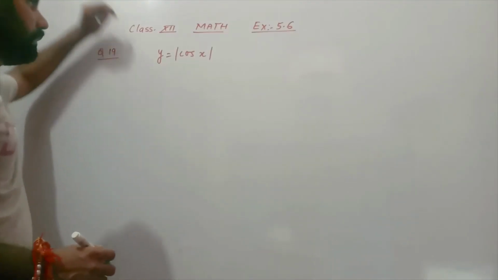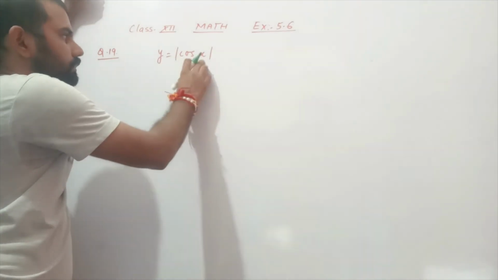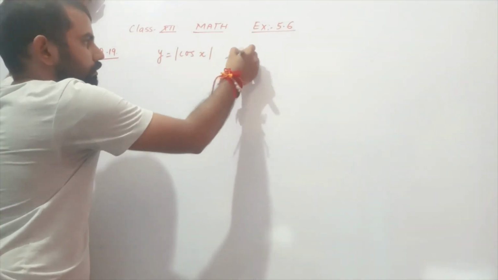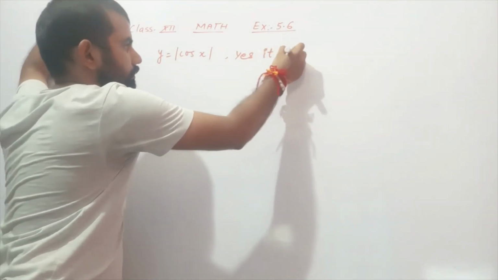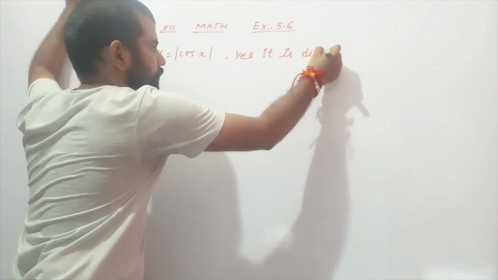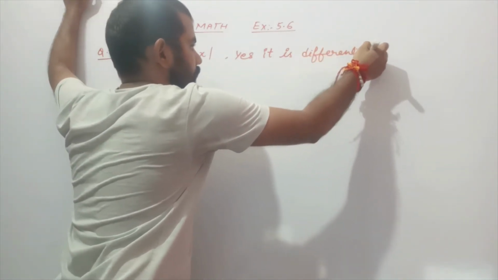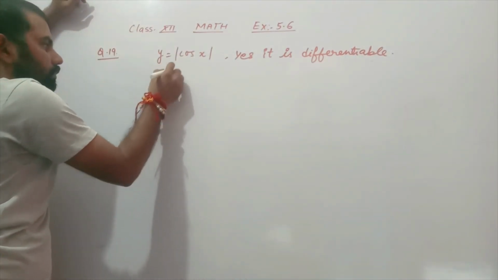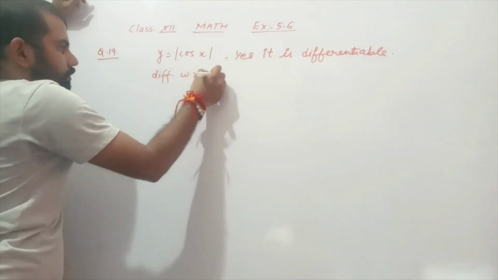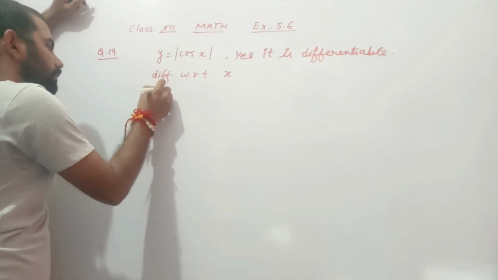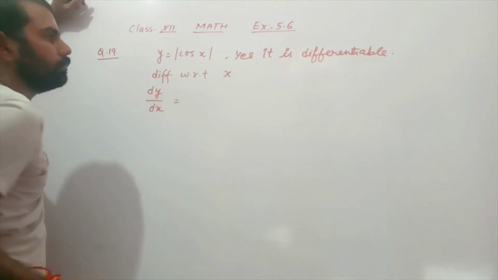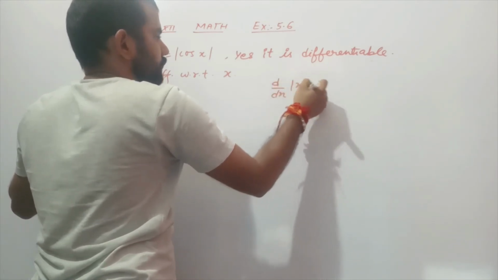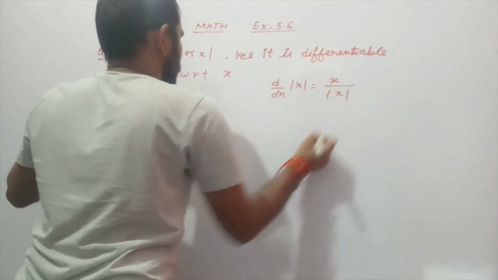Next question is question number 19. Y is equal to modulus of cos x. Is it differentiable? Yes, it is differentiable. So differentiating with respect to x, we will get dy by dx is equal to, the formula used here, d by dx of modulus x is equal to x upon modulus x.